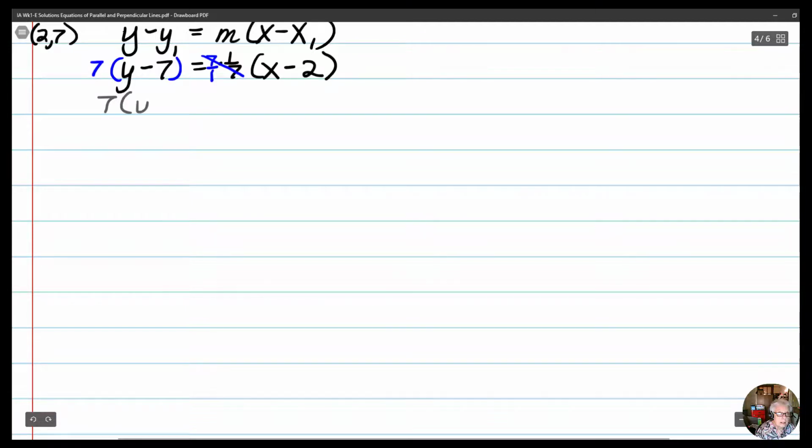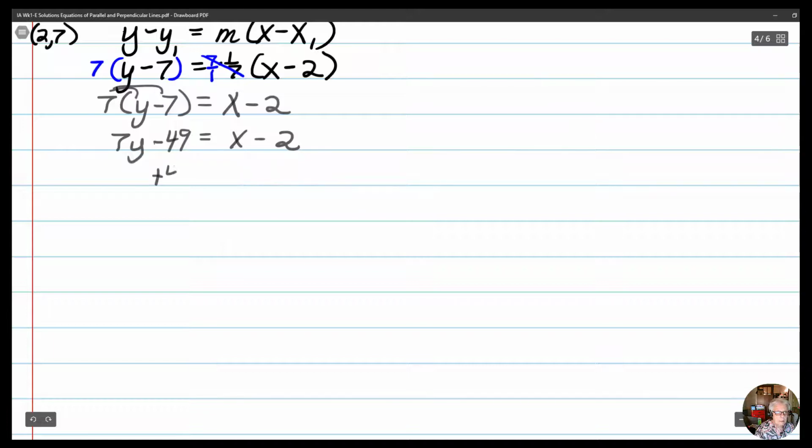Seven times y minus 7 equals 1 times x minus 2. Well, what is 1 times x minus 2? It's x minus 2. Over here, I'm going to distribute though. 7y minus 49 equals x minus 2.